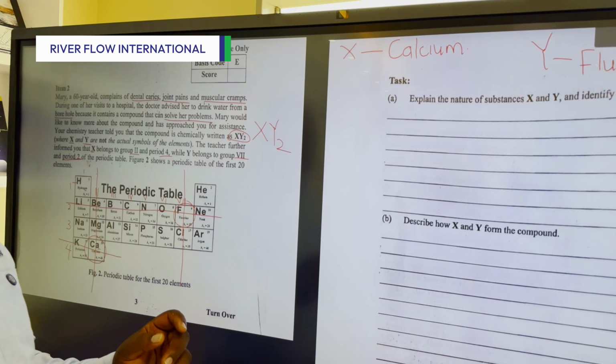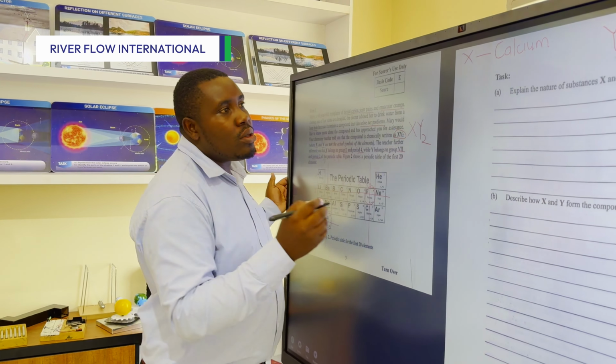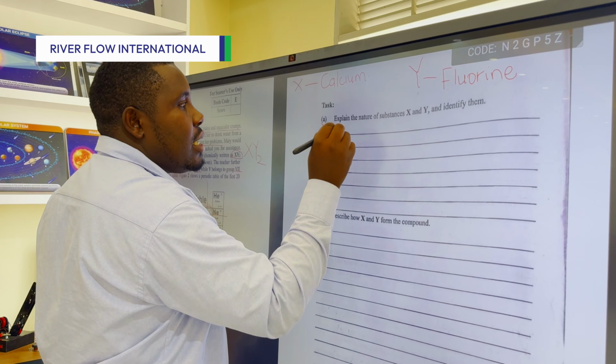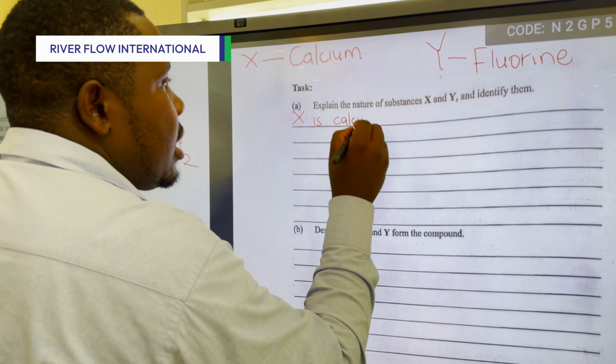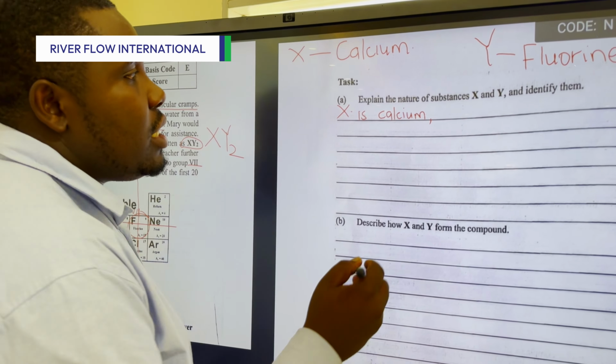So what are their nature? Number 1, we are going to start with calcium. So we are going to say that X is calcium. We want to explain its nature.